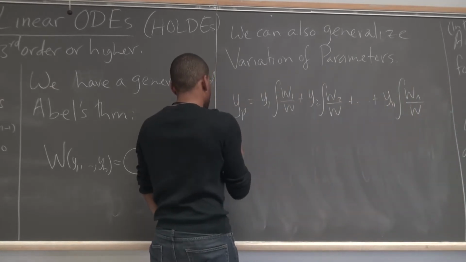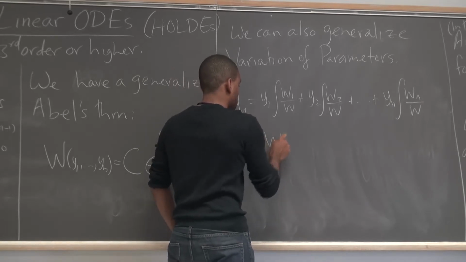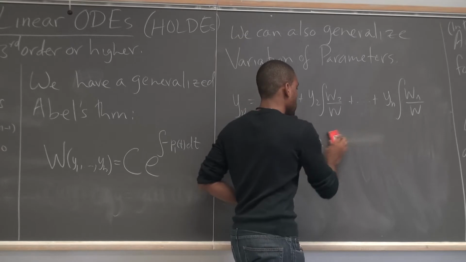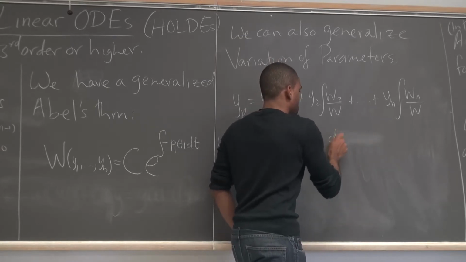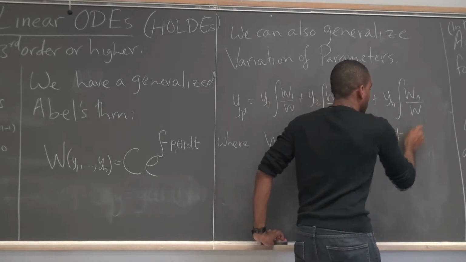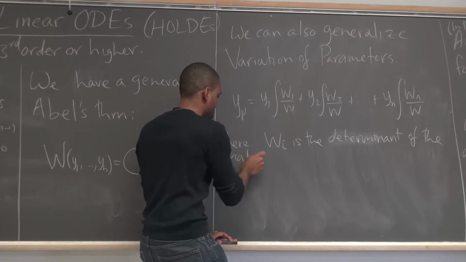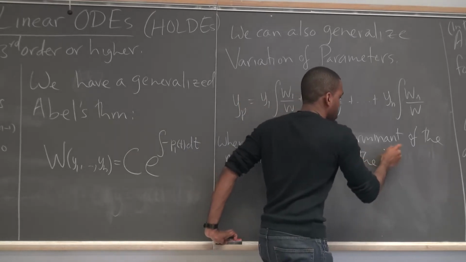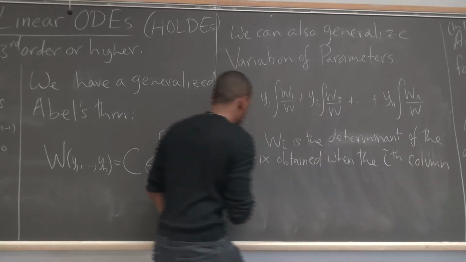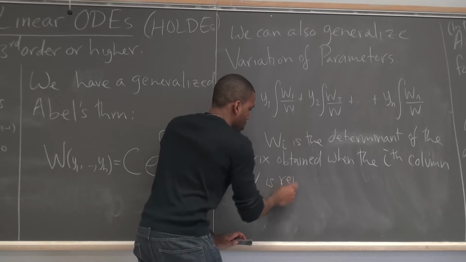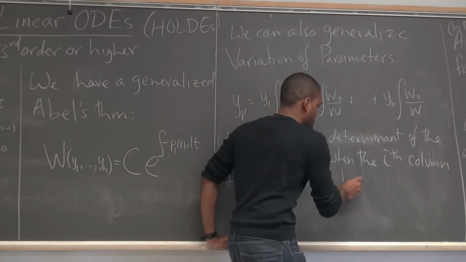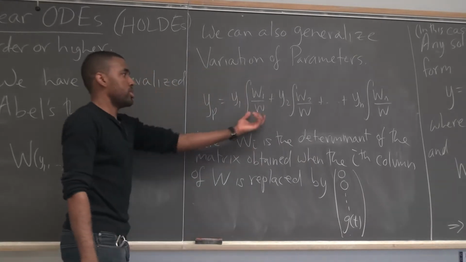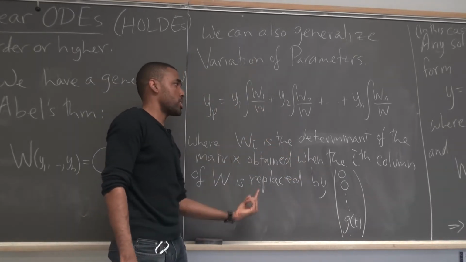Okay, so where Wi is the usual Wronskian, for y1, replace the first column with this.